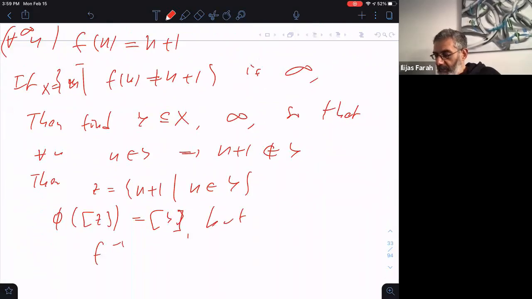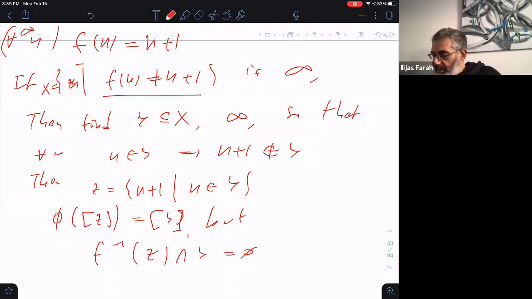But if you look at f inverse of z, this is even disjoint from y, because f of n is not n plus 1. Oh, okay, I should have been more careful. Let's see.